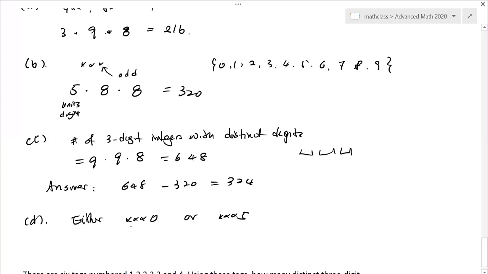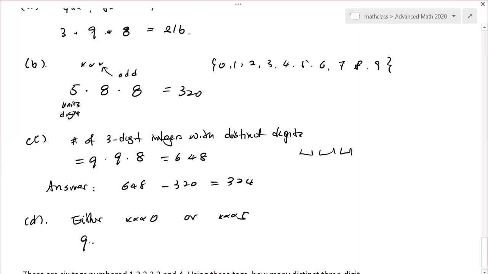So look at the integer. The last digit is 0, so 0 is already selected. For the remaining digits, there's no 0 there. So for the first digit, you have 9 choices.